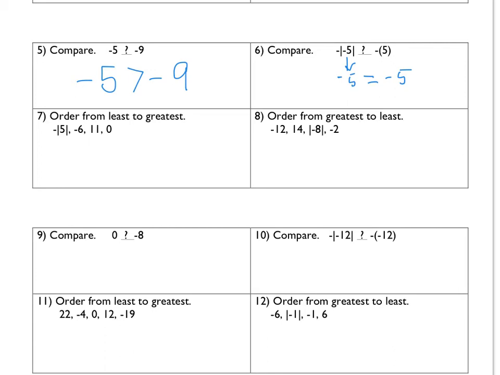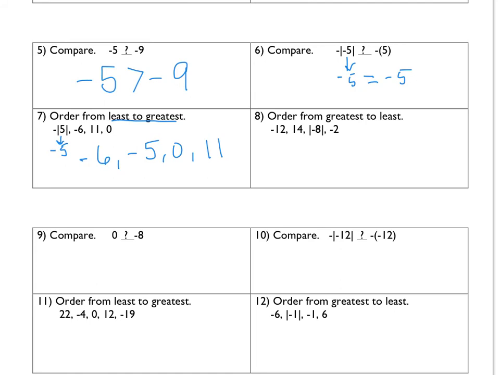Ordering from least to greatest. So this one is going to be a 5, and then the negative outside makes it a negative 5. So it's negative 5, negative 6, 11, and 0. So ordering it from least to greatest, we're going to have negative 6, negative 5, 0, and 11.